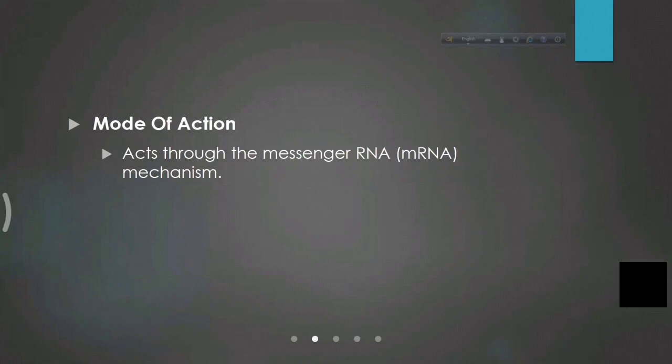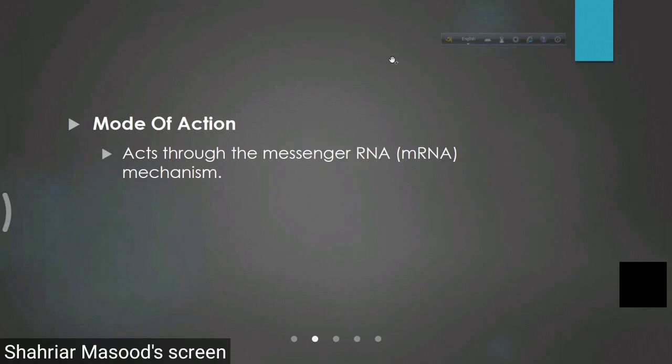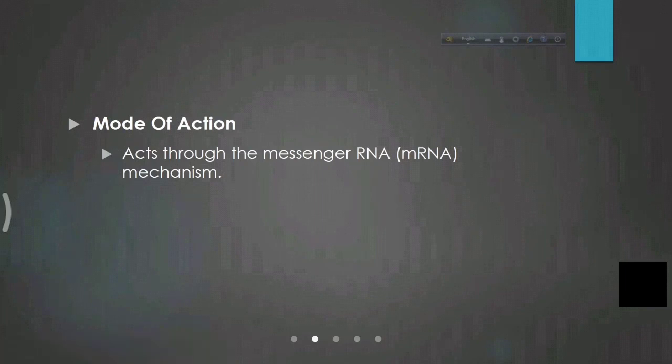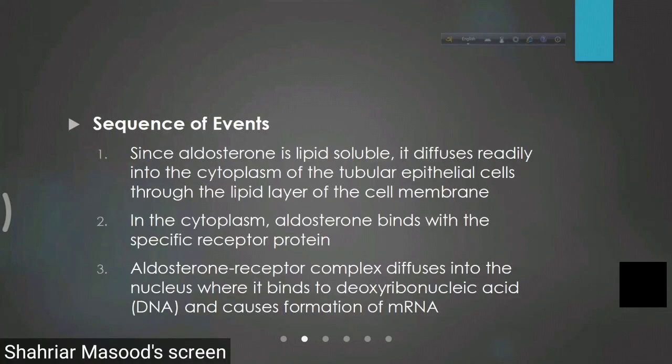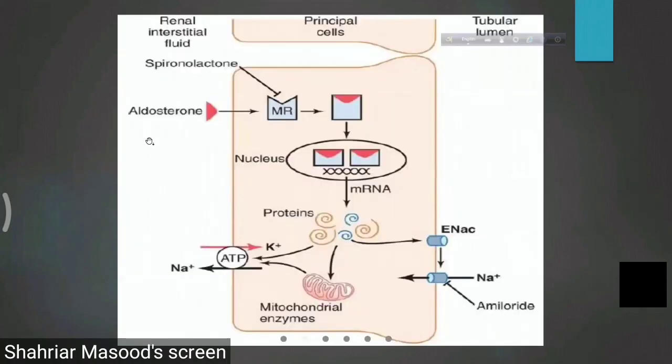The mode of action of aldosterone, I have already discussed in the context of the absorption of sodium. The mode of action of aldosterone is via increasing the transcription of messenger RNA from DNA. The sequence of events is this. Aldosterone is a steroid hormone.